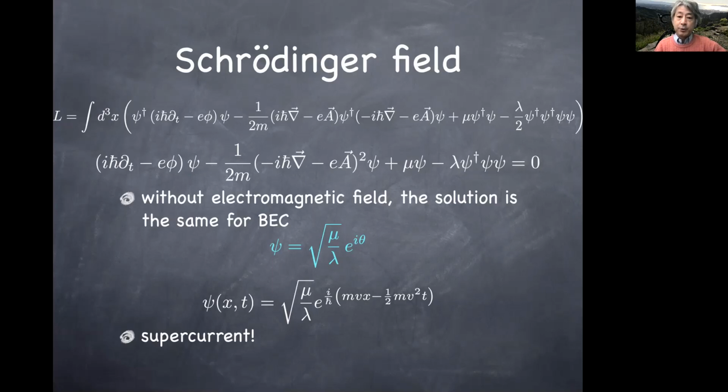Once you put the factor 2 here, that represents the condensate of the Cooper pairs, as we talked about, in the form of the BCS state. And when the condensate flows with the constant velocity, that carries electric charge, and therefore that's an electrical current. And electrical current without any resistivity is the superconducting current, or supercurrent, if you like.